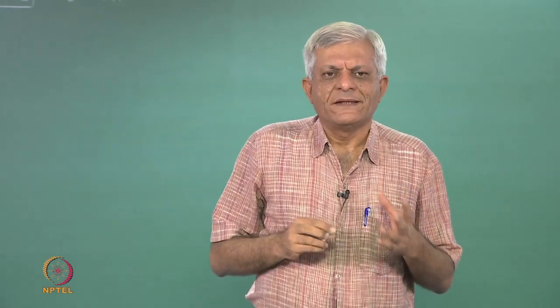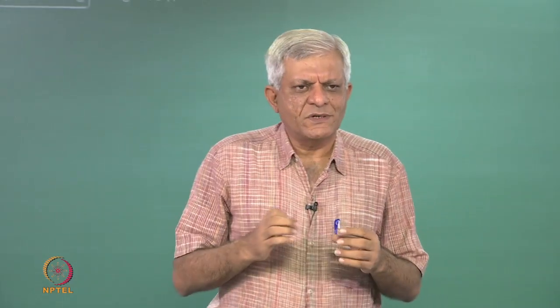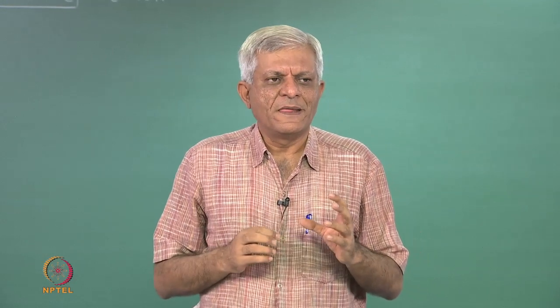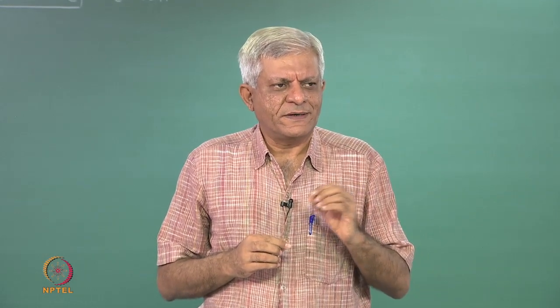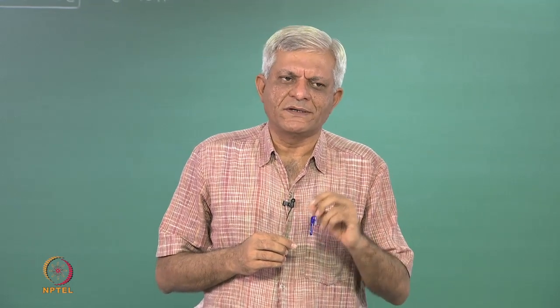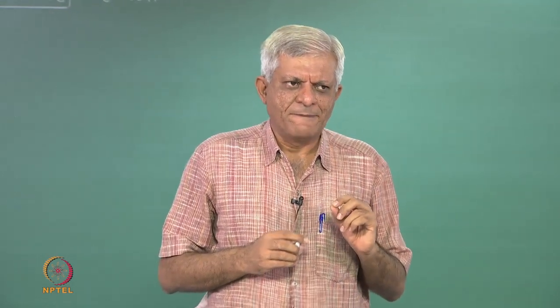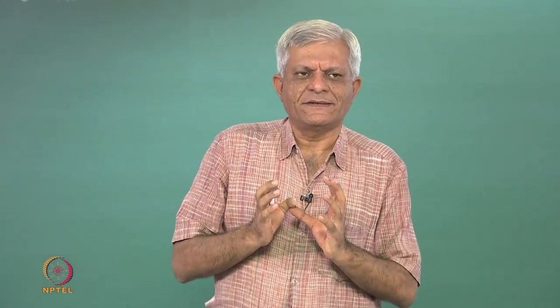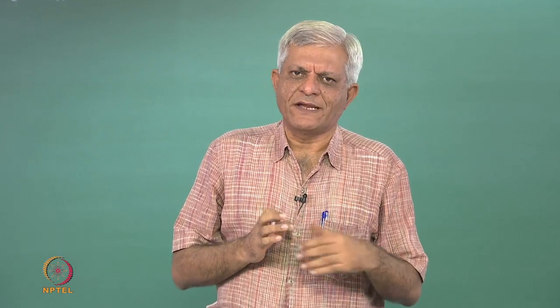Now, once you incorporate this notion of a move, what is a move? A move is an action which takes you from one state to a neighboring state. And given any state, there is a set of neighboring states that you can move to, that is defined by the domain.